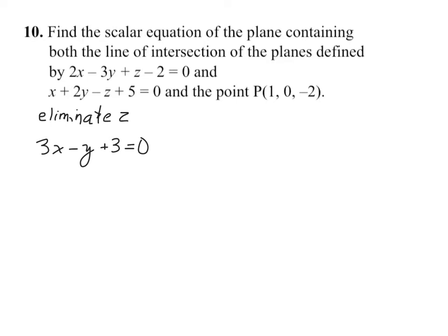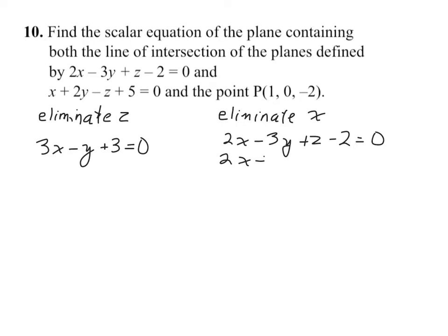Okay, that's one of the equations I'm going to work with, and then I've got to eliminate another variable between these two. I think the next easiest is to eliminate x. So to do that, I'm going to keep the first equation exactly the same, and then I'm going to multiply the second equation by 2, so it's going to become 2x + 4y - 2z + 10 = 0.